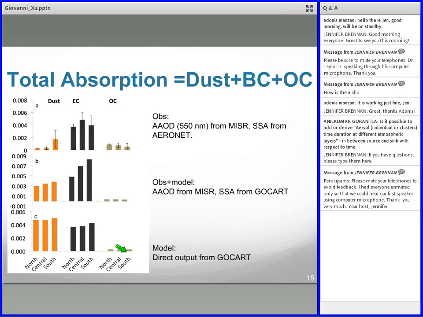Even when we look at the large-scale ambient environment, we can still find a considerable amount of organic carbon absorption, which is here. And if we combine the absorption and model approach to get a hybrid product, it is basically telling similar things, but with a medium value.